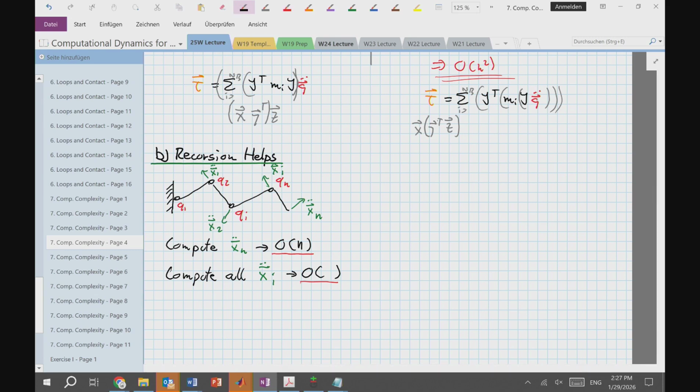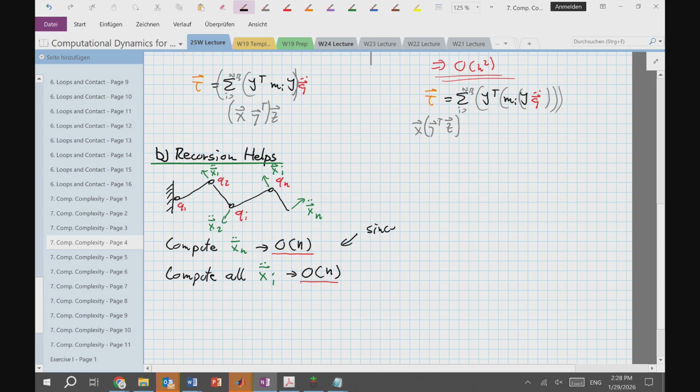Simply, just in order to compute the acceleration xn double dot, you have to compute the accelerations of all other bodies prior to that element in the chain, just to get xn. So it doesn't matter whether I only want to know xn or I want to know all of these. And the idea here is basically, this is order n.